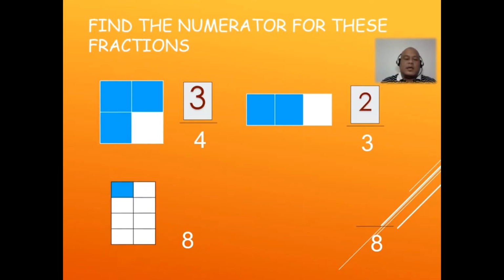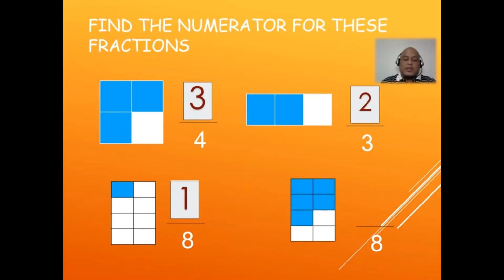Next is a rectangle. The rectangle is divided into 8 equal parts. I colored 1 part of this rectangle. What is the numerator? 1. Or we can say 1/8.